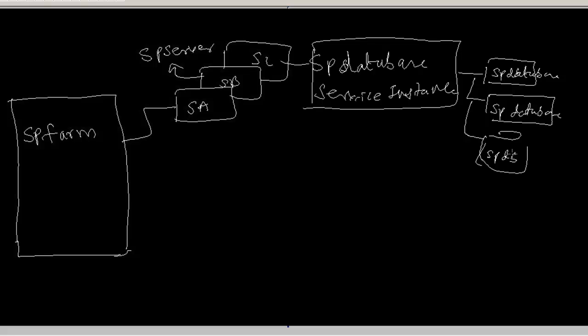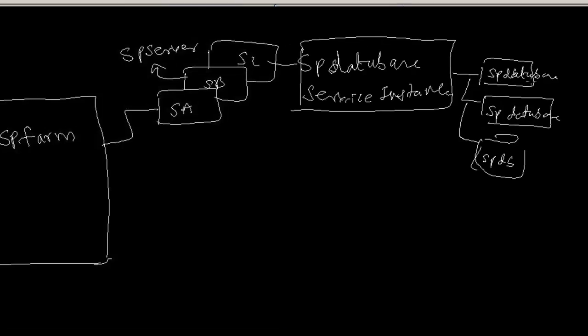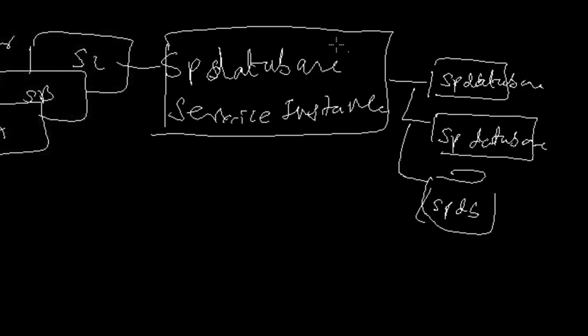So at the top we have SP farm, inside that we have SP server, which represents a single server, and inside that we have SP database service instance, via which we can get access to any of the SQL Server databases of SharePoint by accessing the SP database object.